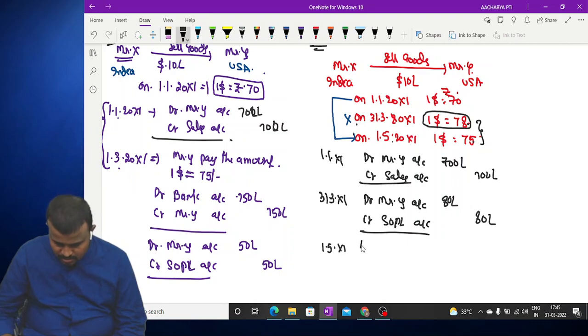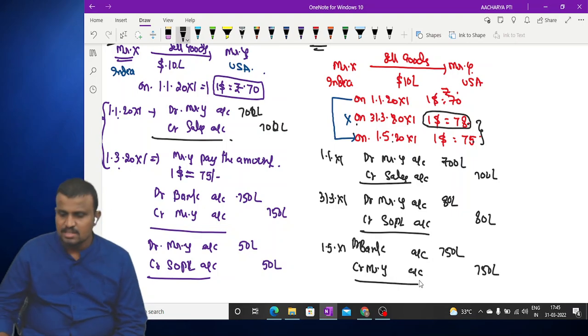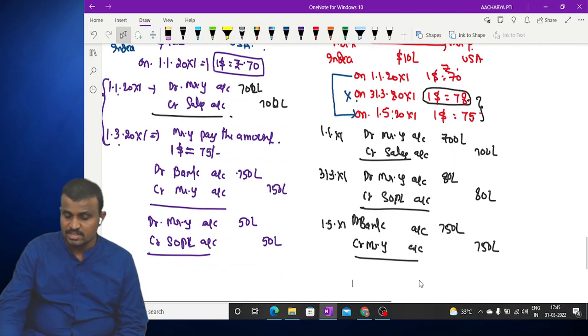So we received the amount in bank: debit bank account 750 lakh, credit Mr. Y account 750 lakh.